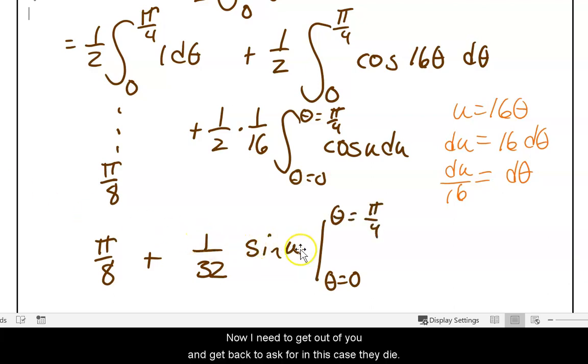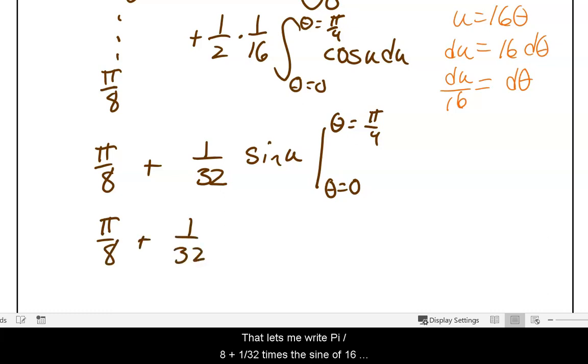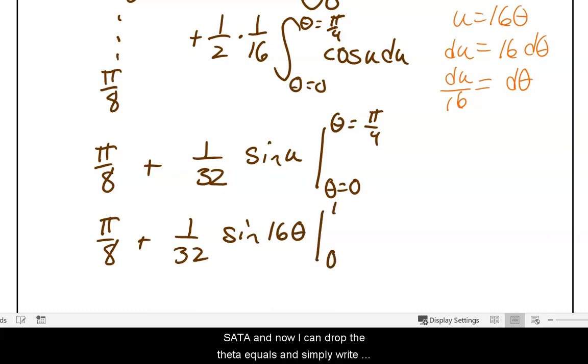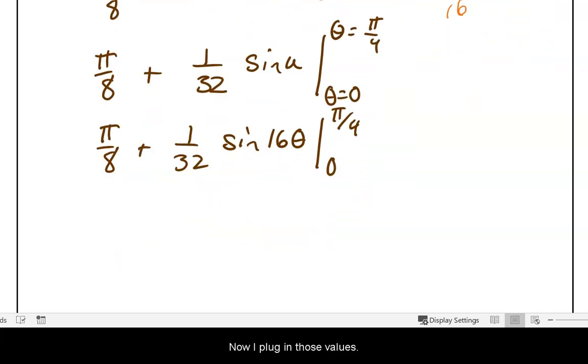Now I need to get out of u and get back to x, or in this case, theta. U is 16 theta. That lets me write pi over 8 plus 1 over 32 times the sine of 16 theta, and now I can drop the theta equals and simply write 0 to pi over 4. Now I'll plug in those values.